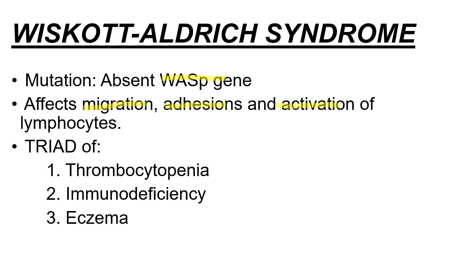Kailangan ma-fulfill niya yung tatlong criteria to be diagnosed with Wiskott-Aldrich syndrome. Kailangan niya ng mababang platelet count or thrombocytopenia, immunodeficiency, mababang levels of your immunoglobulins, and eczema, which is a skin condition. So, ang ating mnemonics dyan is TAI.